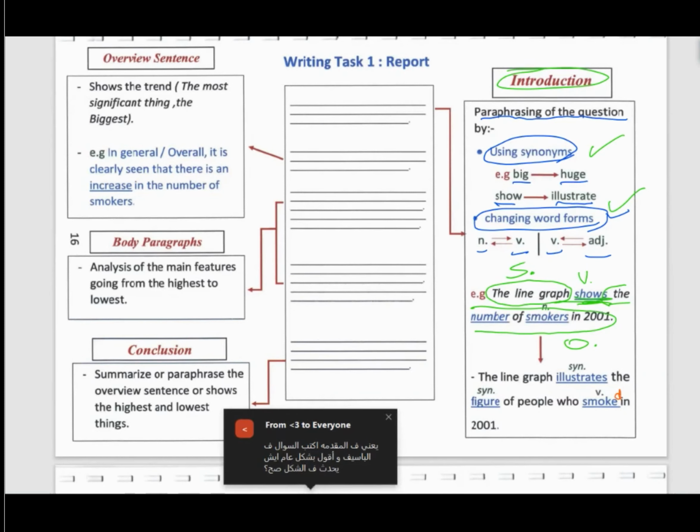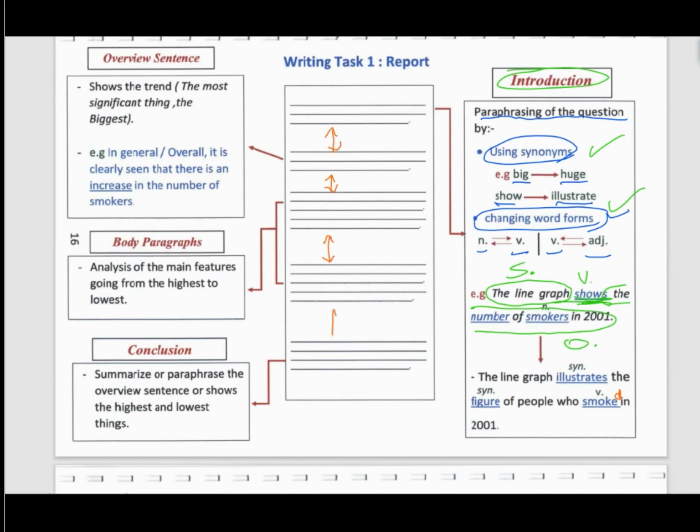Okay, as you can see, you need spaces between paragraphs. See the spaces here? Don't put the paragraphs without spaces. At least 2 lines in between. In the introduction, as I said, you paraphrase the question.